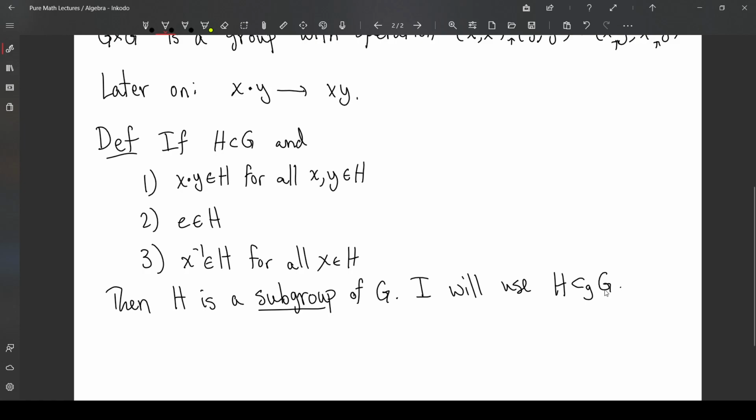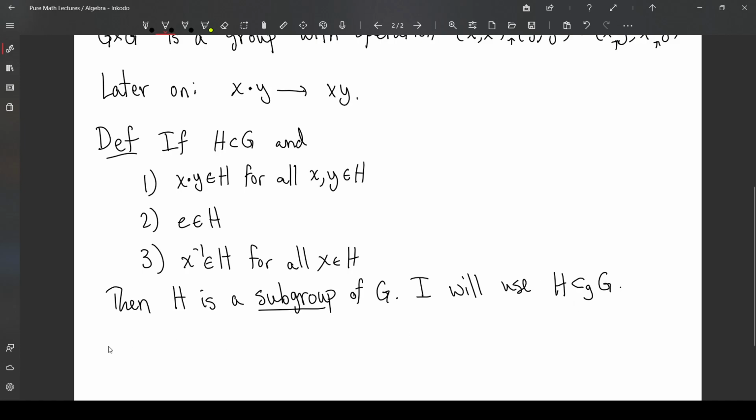This also will, if I haven't already defined G to be a group, automatically define G as a group. So it just saves a lot of writing time. Of course, I don't want to bog down video time with writing. Later on, we'll see something called a normal subgroup, and normal subgroups actually have their own notation. But for the case of general subgroups, I don't think I've ever seen a specific notation, so I just want to use this notation.